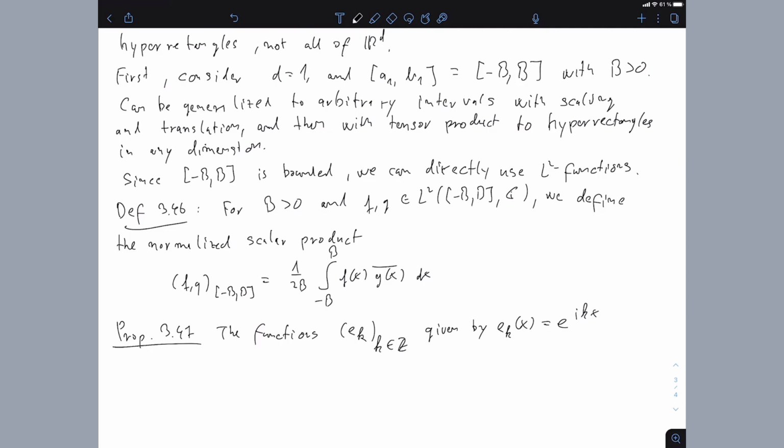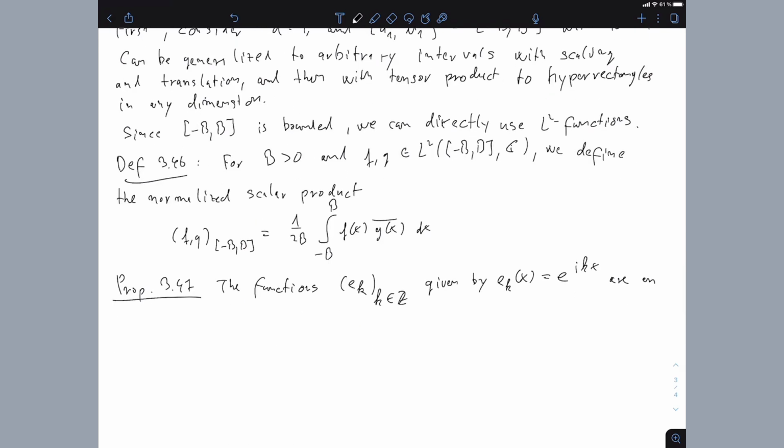And these functions are actually an orthonormal basis of L2(-pi, pi) with respect to the scalar product that we just defined.